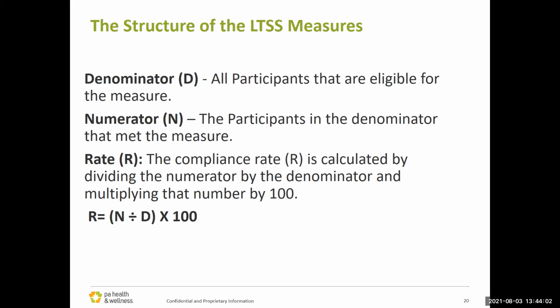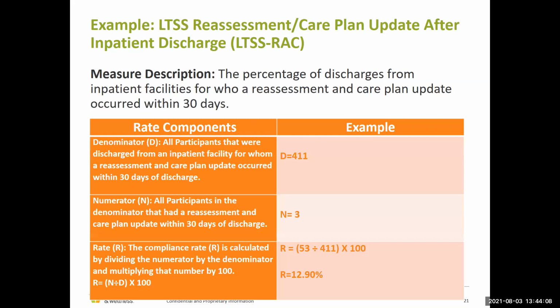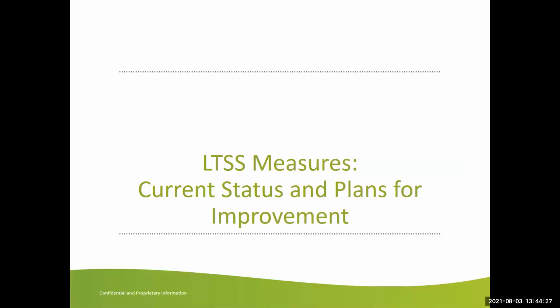So I'm going to show you what some of the measures look like to date. So if you move to the next slide, Olivia. Okay, so here we're looking at true data, the LTSS RAC measure, looking at denominator, numerator, and how we calculate the rate. So just file that in the back, and you can look at that when the slides come out if you need help with that. Okay, move to the next slide.